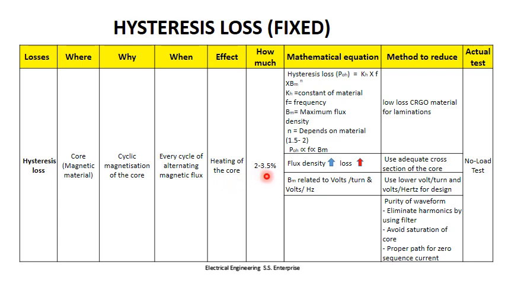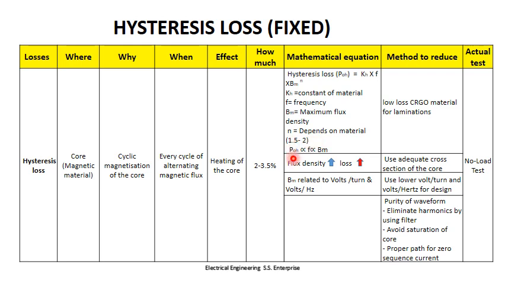2 to 3.5%. It varies from transformer to transformer and with its application. Hysteresis loss is equal to Kh multiplied by F multiplied by Bm raised to N, where Kh is a constant of the material, F is frequency, Bm is maximum flux density, and N depends upon the material, 1.5 to 2 being the range.